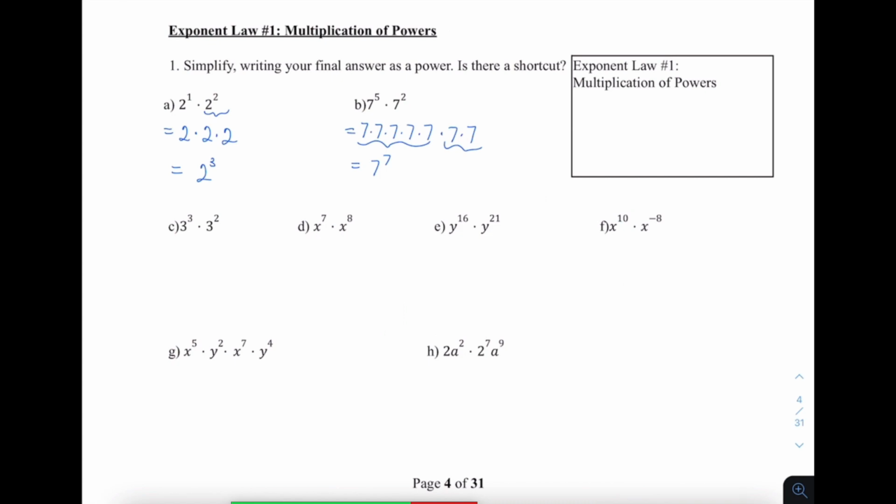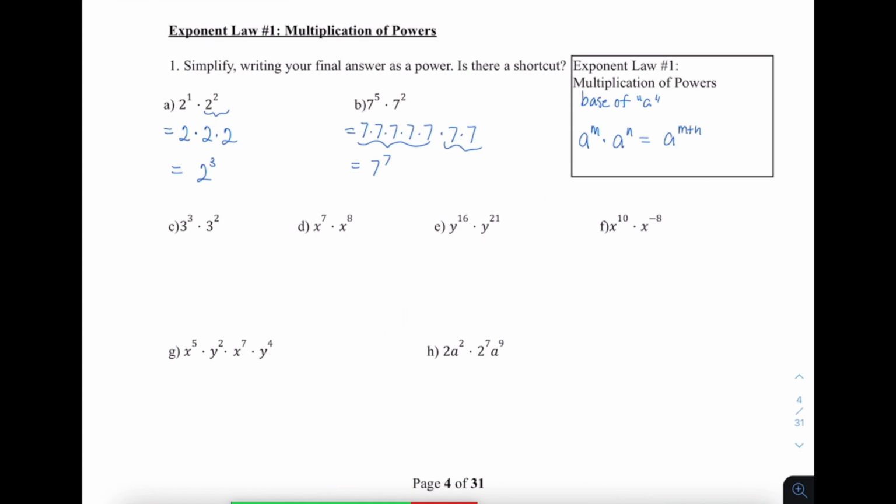And we can probably tell that there's a shortcut to this. And this is how we're going to write it down as a general rule. If I have a base of a, I can write this rule the following way. a to the m times a to the n, meaning that the bases are the same, can be written as a to the m plus n.